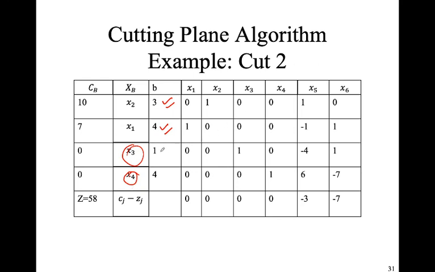So it might be possible that in the final table you may have 1.5 and 4.3, something like that. But you need to look into the variables on which the integrity condition has been imposed, and those variables are x2 and x1, and now you can see both have integer values. So z equals 58 and x2 equals 3, x1 equals 4. So we'll stop here, and this is the final solution.